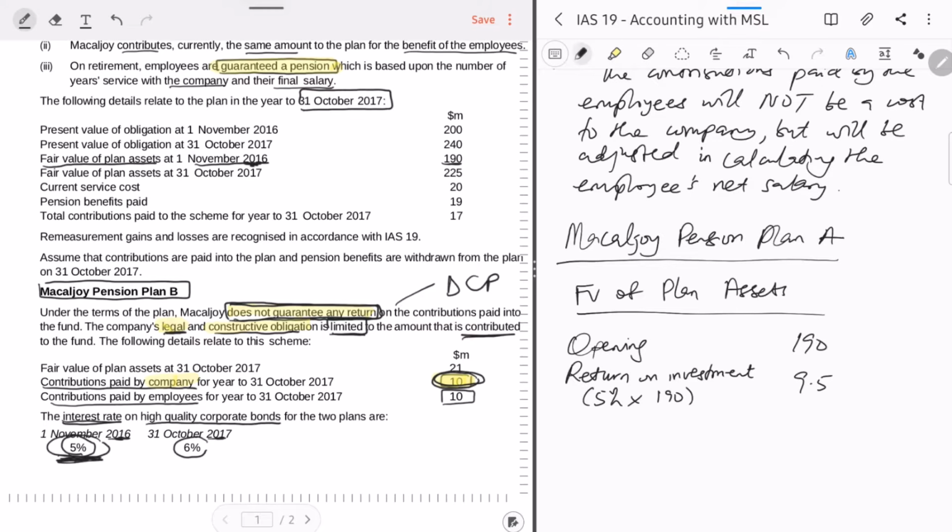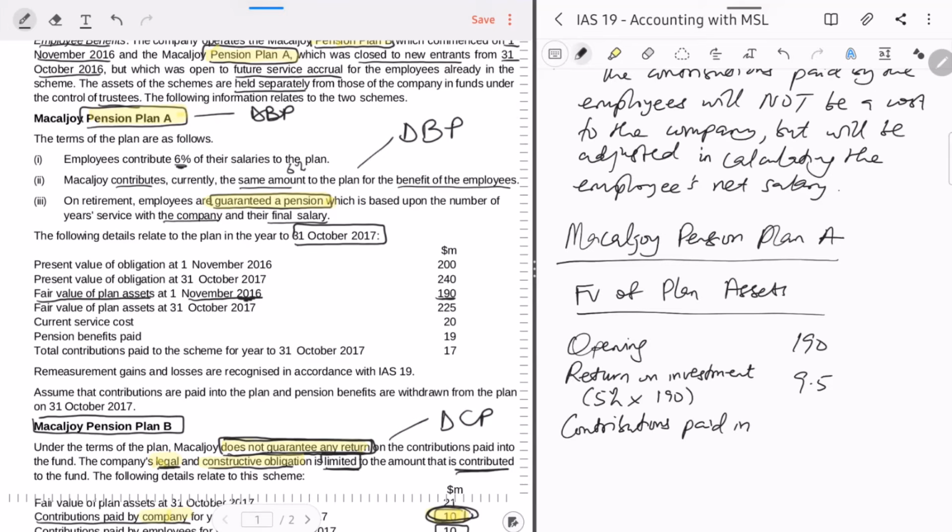What did I say we add next? Remember, I said contributions paid in. Let's come back to the question. For this one, can you see total contributions paid to the scheme was what? $17 million. So we add 17. Remember I told you deduct what?